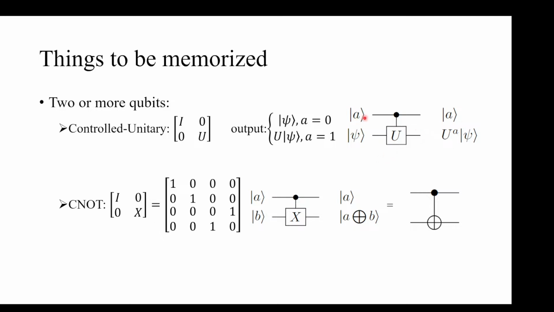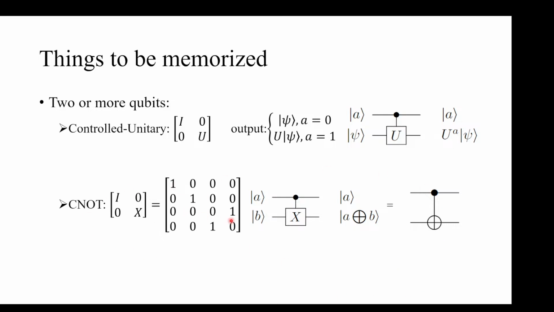And so what happens is you have a computational basis state A here, and then the second qubit will get acted on by U to the A, meaning that if A equals 0, you don't act with U, and if A equals 1, you apply U on whatever input state. Okay. And so this is a general rotation for control unitary.